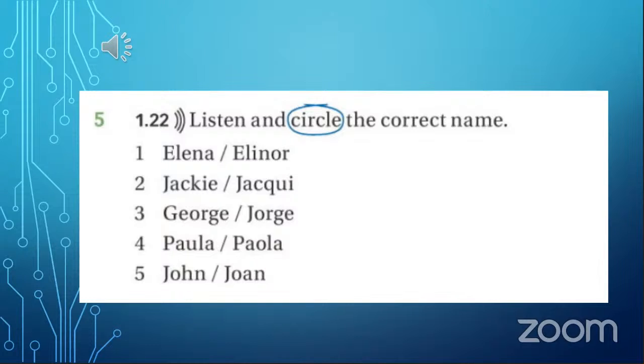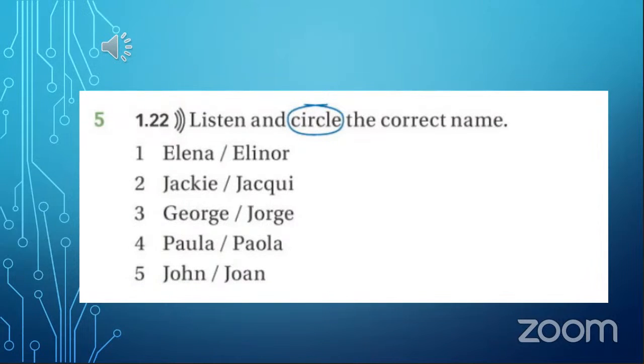George. Okay, number 1. Elena, Eleonor. Okay, but which one is the correct one? Yeah, but spell letter by letter. Spell in English, please.